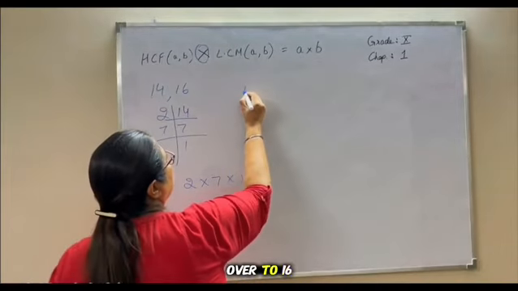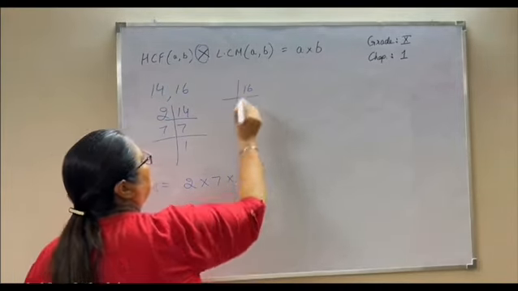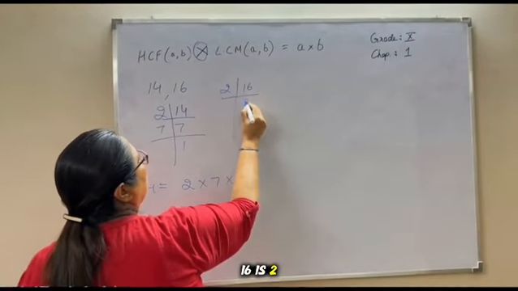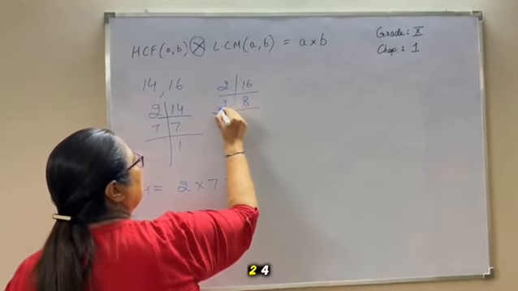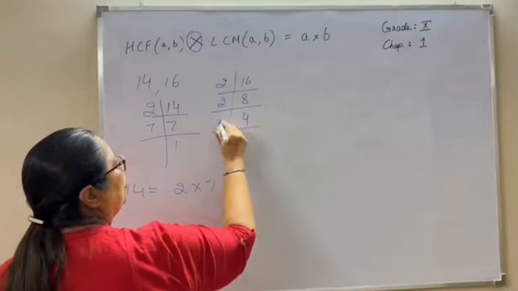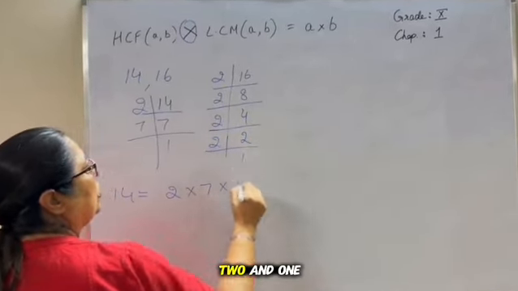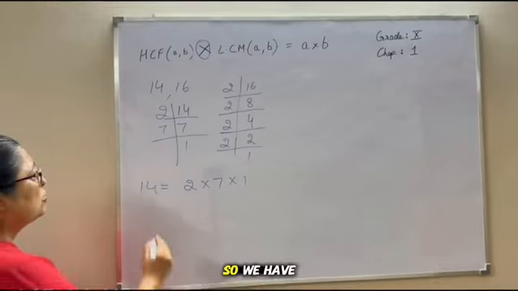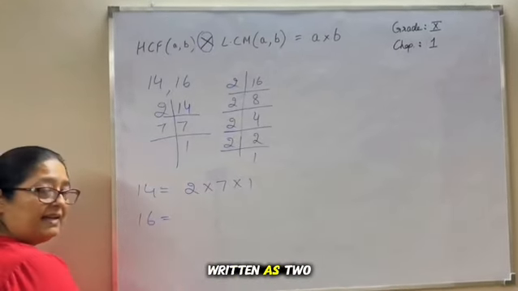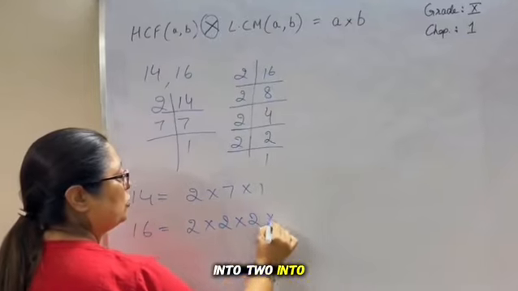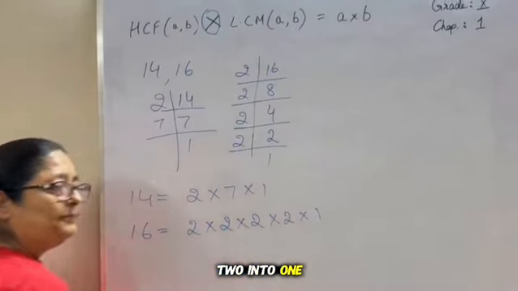Now we come over to 16. Prime factorization of 16: 16 divided by 2 is 8, then 4, then 2, then 1. So 16 can be written as 2 into 2 into 2 into 2 into 1.